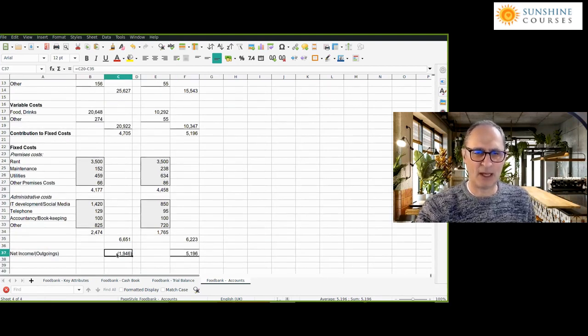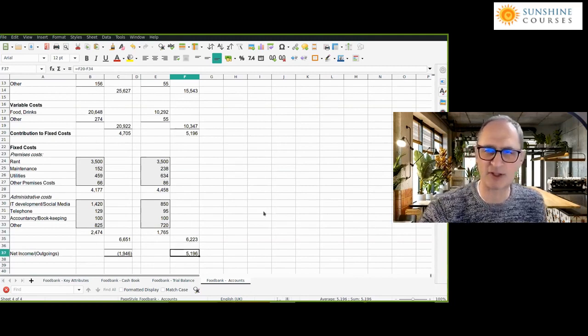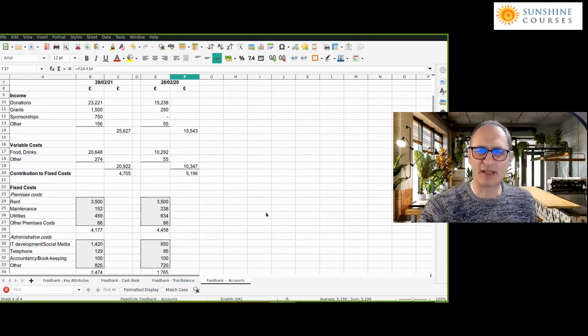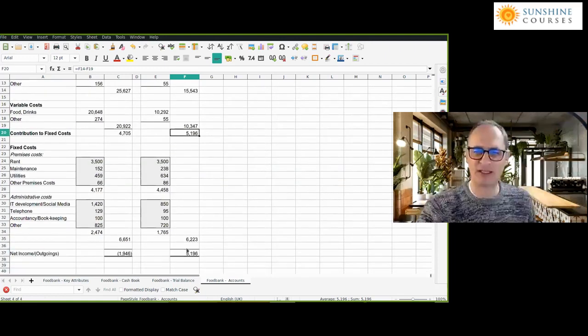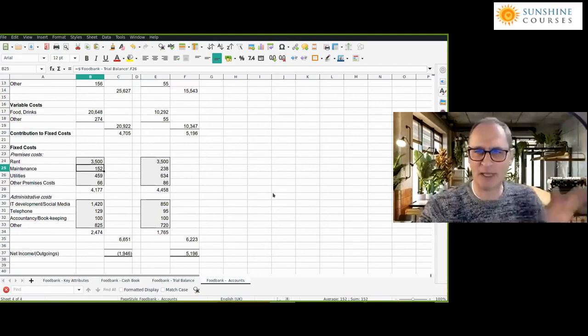So I can see straight away there's an error here because if I deduct my contribution to fixed costs from my revenue, that doesn't equal 5,196. So this is an illustration of how you can use accounts to identify obvious errors. In this case, it's just an error in the addition in the accounts themselves rather than the numbers that make it up. It might not have been.